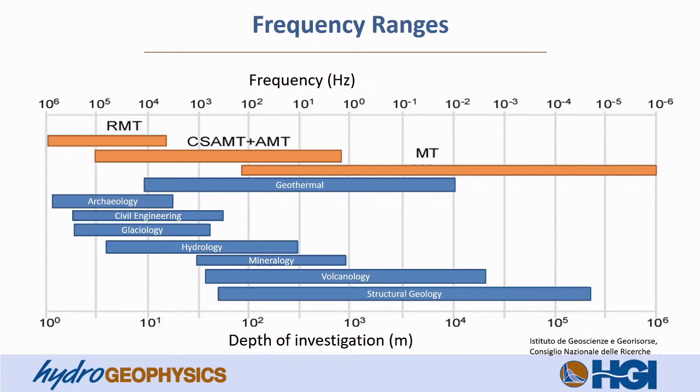For example, hydrology applications need to detect fluid flow in the shallow subsurface of the Earth, but structural geology requires a greater depth of investigation and thus a lower measurement frequency. Lower frequency recordings result in decreased signal attenuation and deeper penetration into the earth.